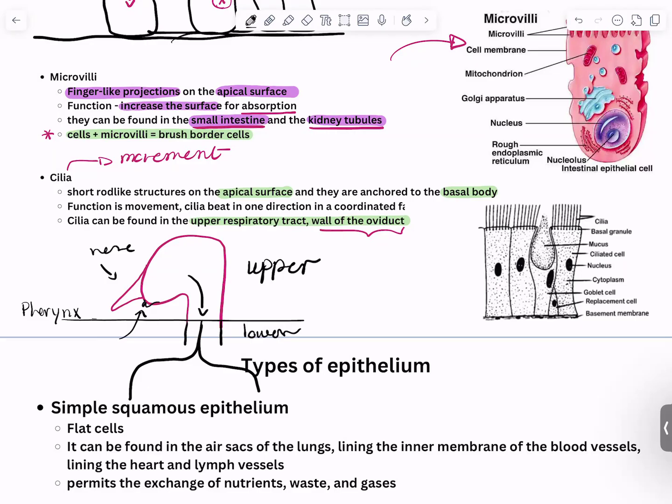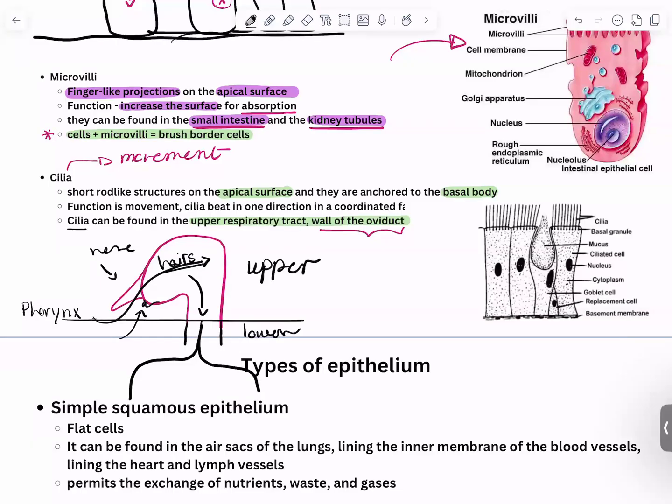So in the nose, probably you know that we have some hairs, right? These hairs, when you go to the deeper part of the nasal cavity, you can find the cilia. The air that we breathe has harmful substances.